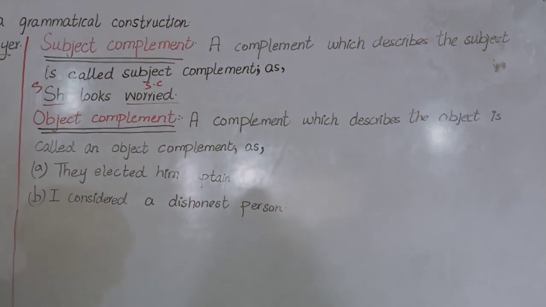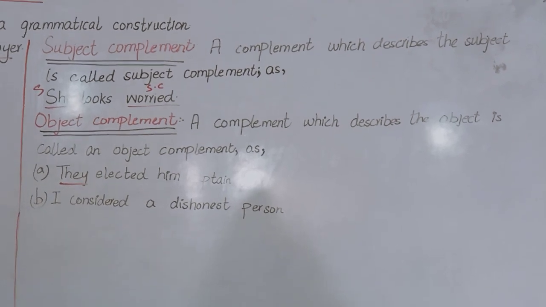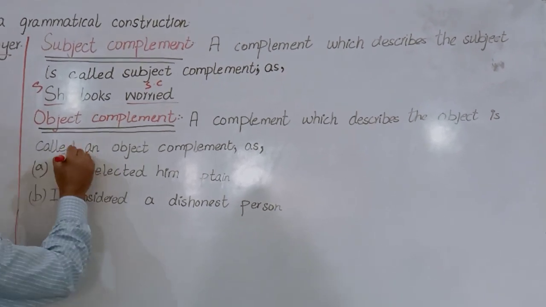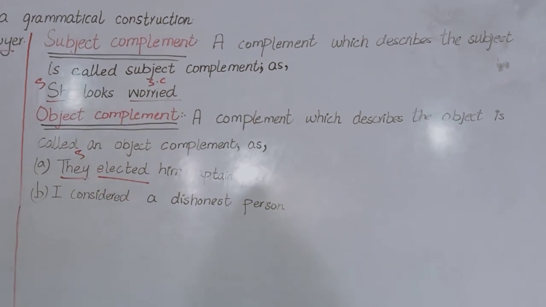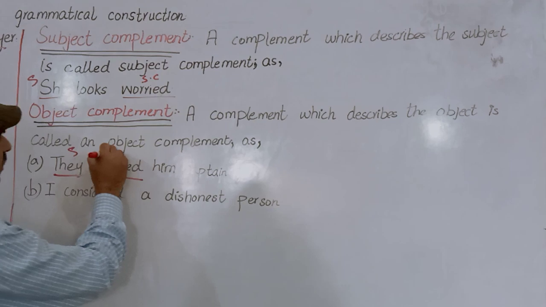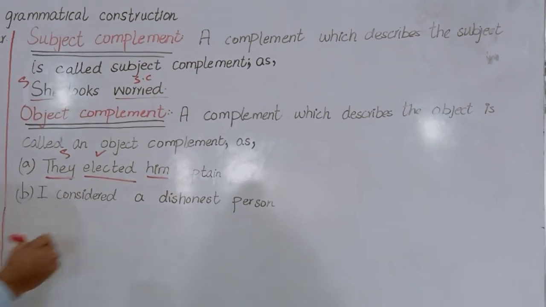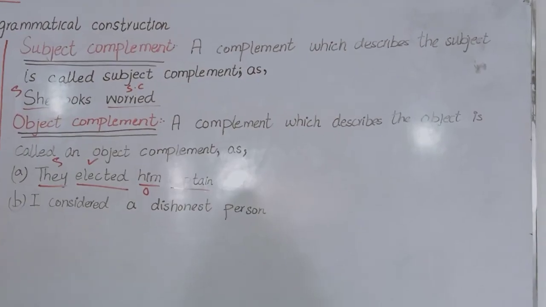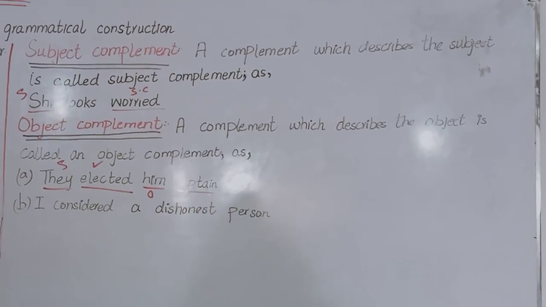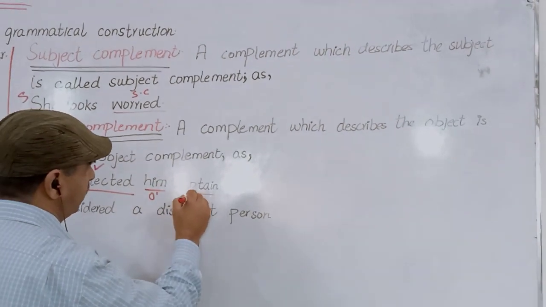Okay? They, what is "they"? Subject. What is "elected"? Verb. What is "him"? Object. What is "captain"? Another object. Object 1 and object 2.